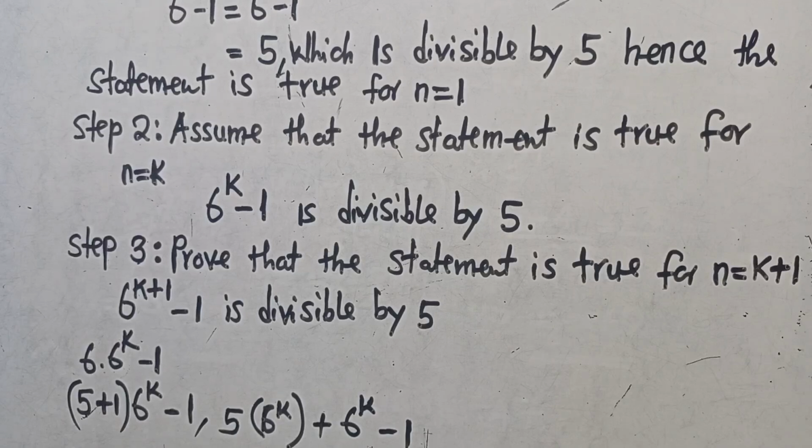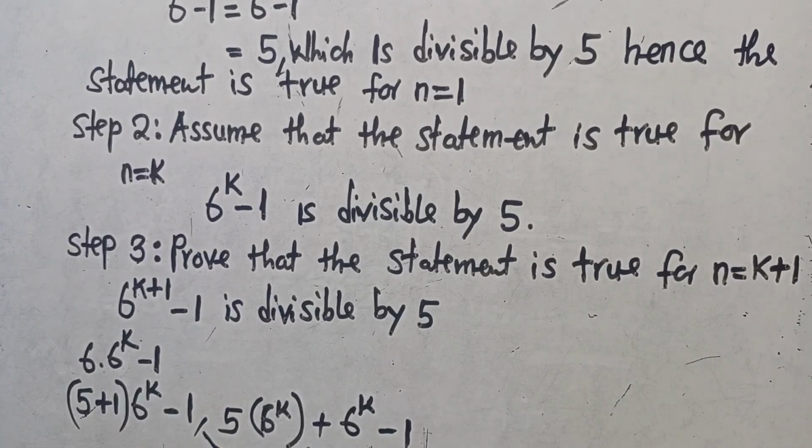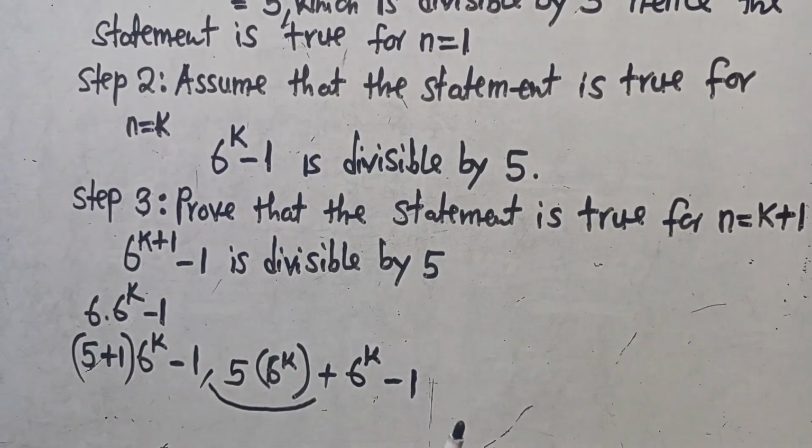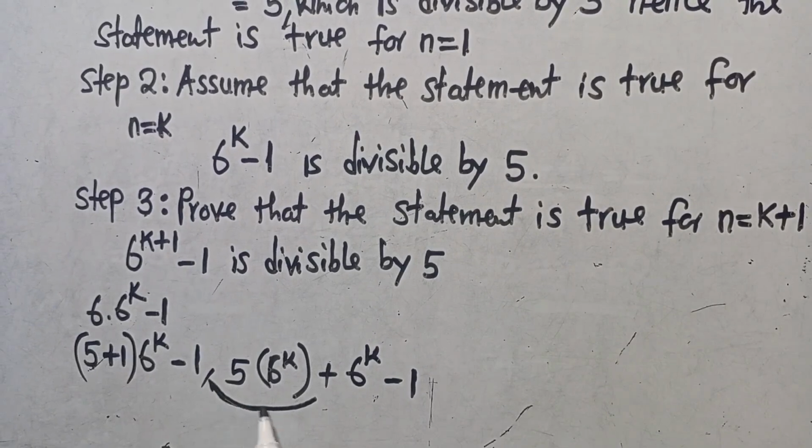So this is to tell you that if we get this part that is here, I get this part. Hope you're able to see. If I get this part that is here, just this part is divisible by 5, since it is a multiple of 5, there is a 5 there.